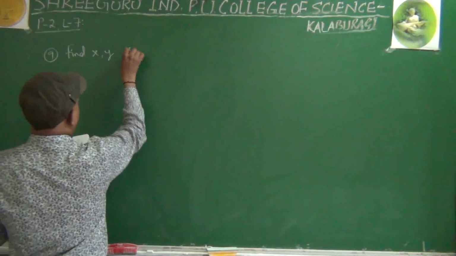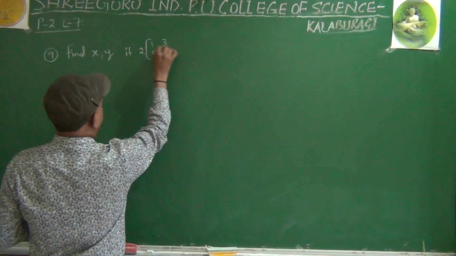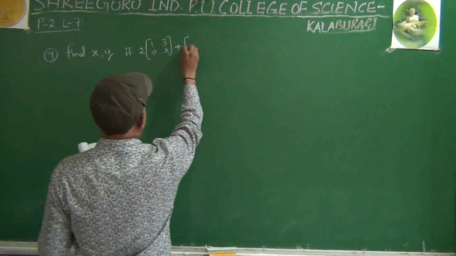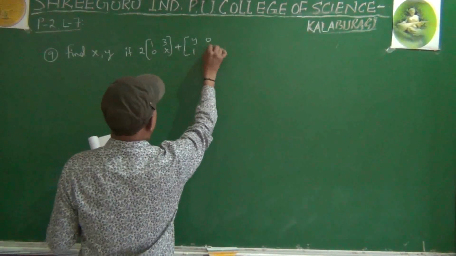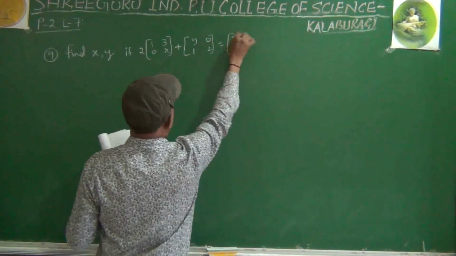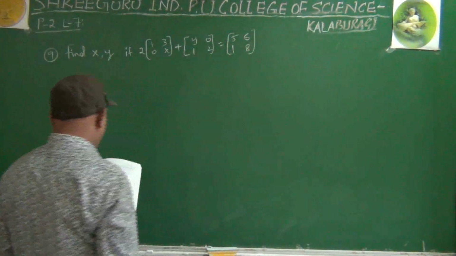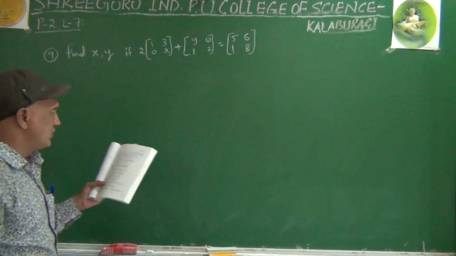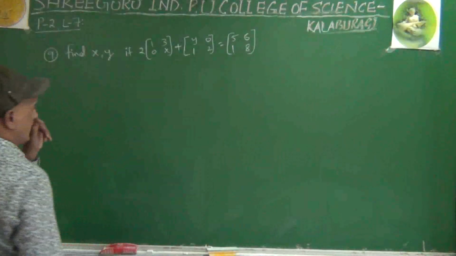If 2 into 1 3 0 x plus y 0 1 2 equals 5 6 1 8. Write it up. We have to find x and y values.